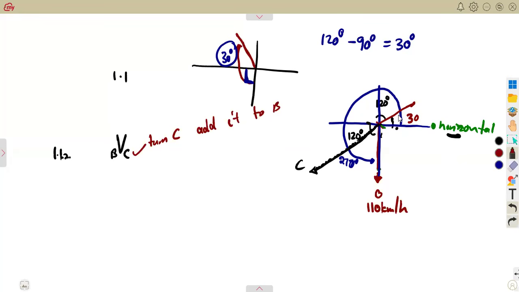This one will be 30, considering these are vertically opposite angles. So if this is 30 degrees here, it means there is also 30 degrees here from our vertically opposite angles.